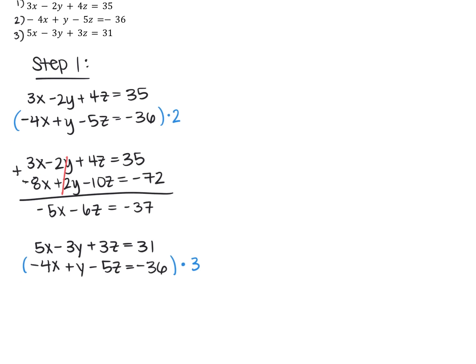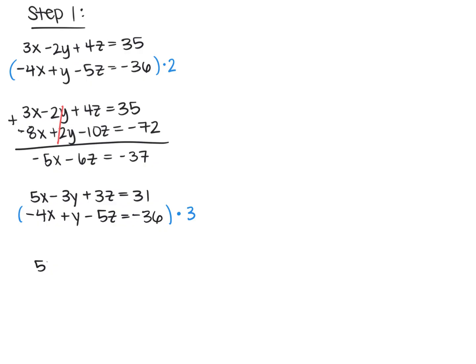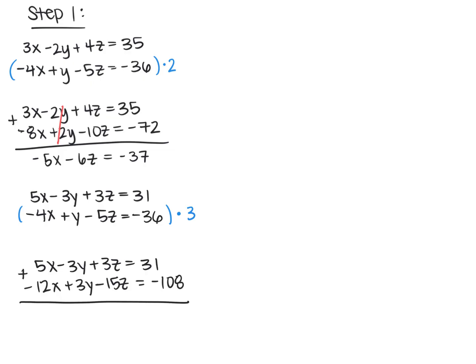So we're going to get 5x minus 3y plus 3z equals 31. And then we'll have negative 12x plus 3y minus 15z equals negative 108. We add, the y's cancel again. We get negative 7x minus 12z equals negative 77.